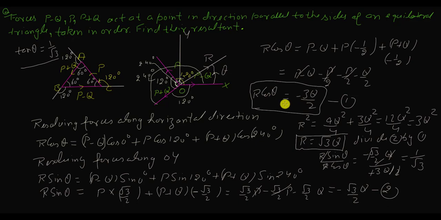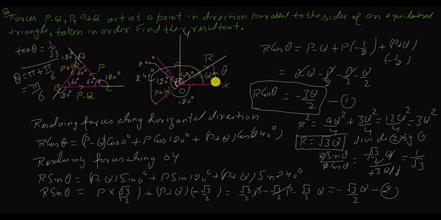Now you have to see the angle. Cos is negative, sine is also negative. Cos and sine both are negative only in the third quadrant. So theta will go into the third quadrant, and you know tan theta is equal to 1 by root 3 at 30 degree, but it will go into the third quadrant, so it will be pi plus pi by 6. So it will be 7 pi by 6.